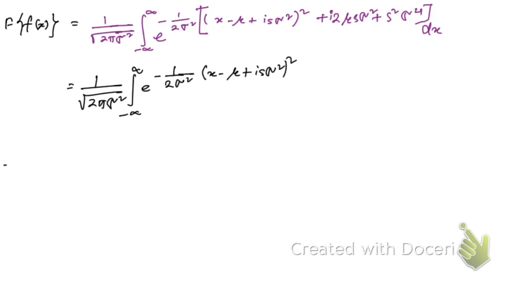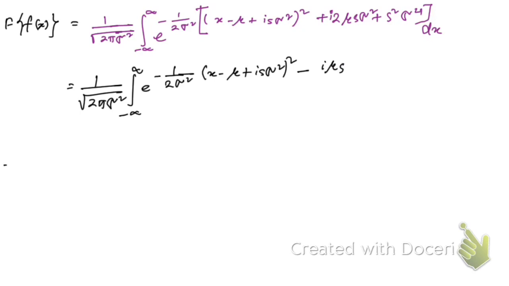Then multiply this one with this, then here sigma square gonna be cancelled, so 2 gonna be cancelled. In that case, what you're gonna have? You're gonna have minus i mu s. That's what we're gonna have, right?